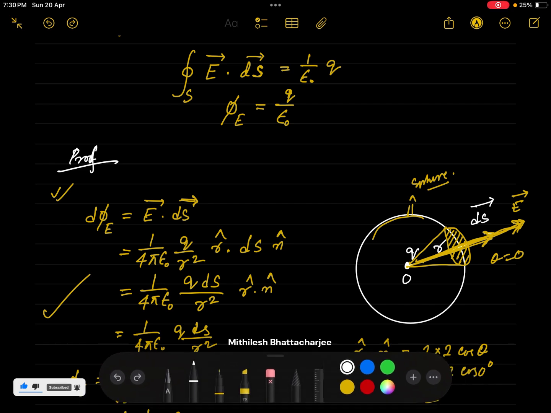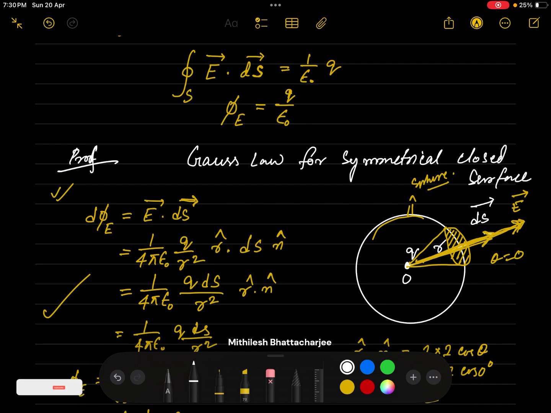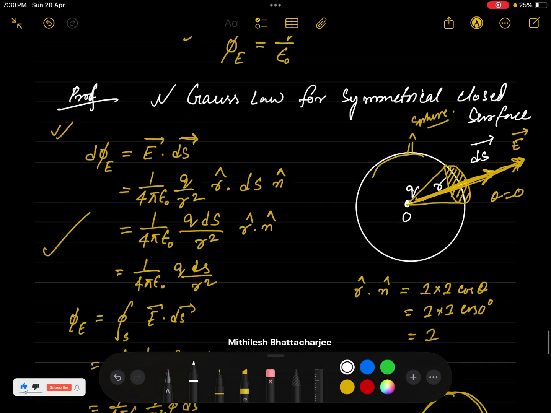So, proof of Gauss law for symmetrical closed surface, this is the proof.